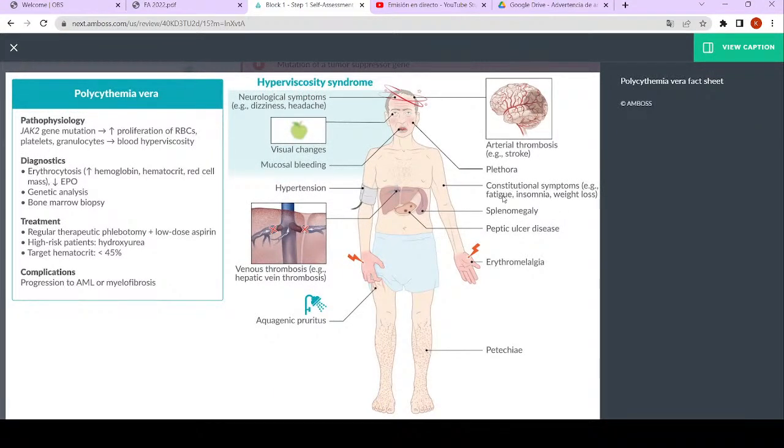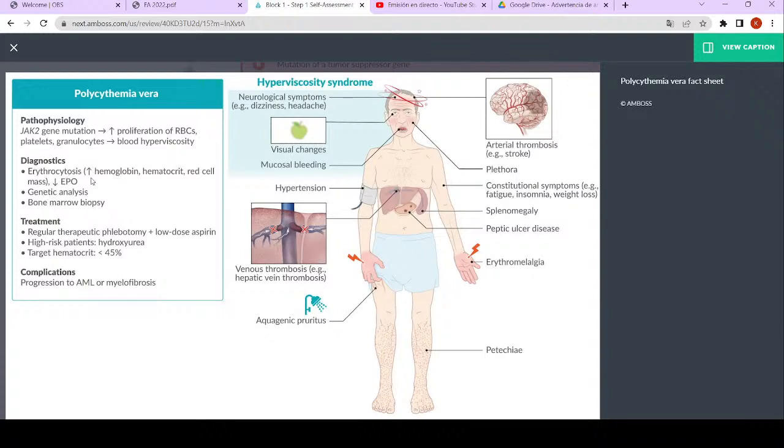Constitutional symptoms, for example fatigue, insomnia, weight loss, splenomegaly, peptic ulcer, erythromelalgia, aquagenic pruritus, petechiae, hepatic vein thrombosis. Okay.